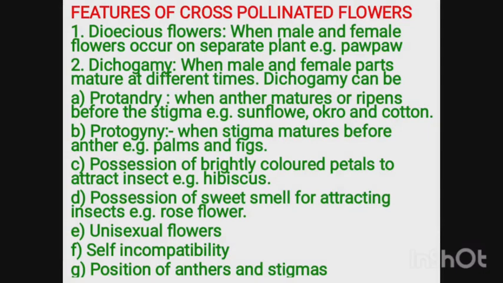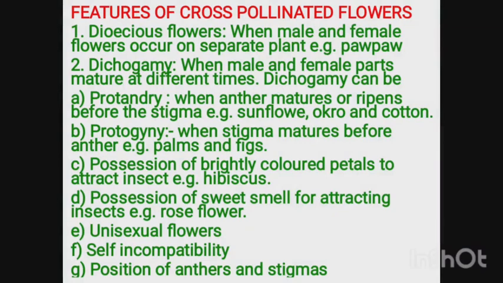The dioecious flower, as we discussed in the first lesson, is when the male and the female flowers occur on separate plants. Take note, a dioecious flower can also be called a unisexual flower. It means the flower is either male or female, but not both. They don't have both sex organs. That is how you can know a cross-pollinated flower.